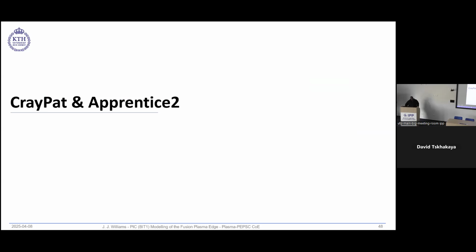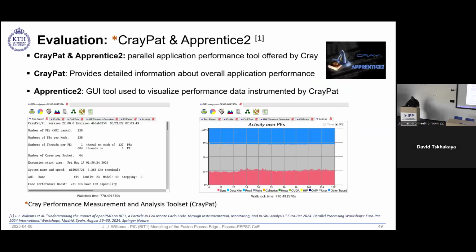So CrayPat. If you're using a Cray machine, it is very useful, for example on LUMI or Dardel in this case. CrayPat is another tool that provides a lot of information about overall application performance. It has a little GUI that gives you some visualization and very useful information.